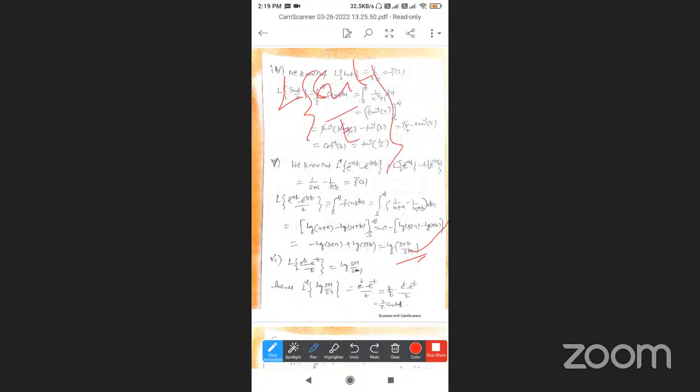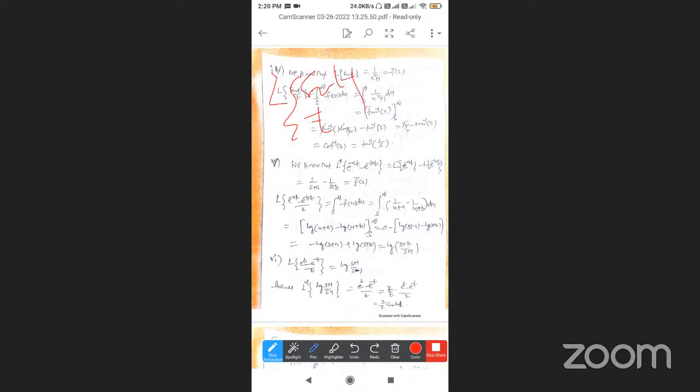Then find out. What is the Laplace transform of sin t by t? We can do this. The Laplace transform of sin t is already 1 by s square plus 1. This is f bar of s. So what is the formula for the Laplace transform of f(t) by t?